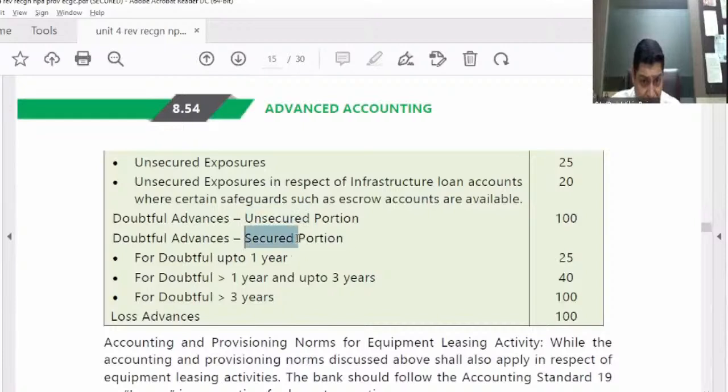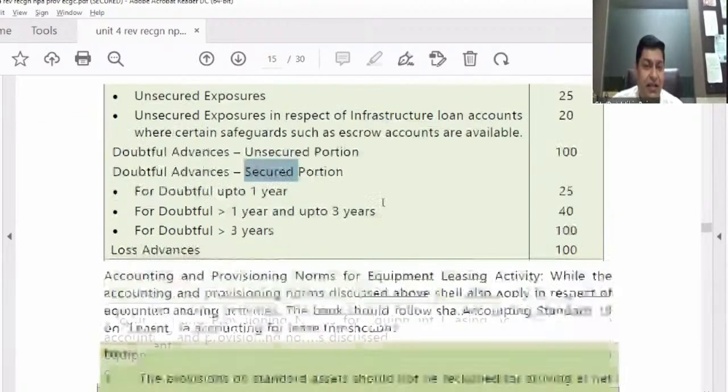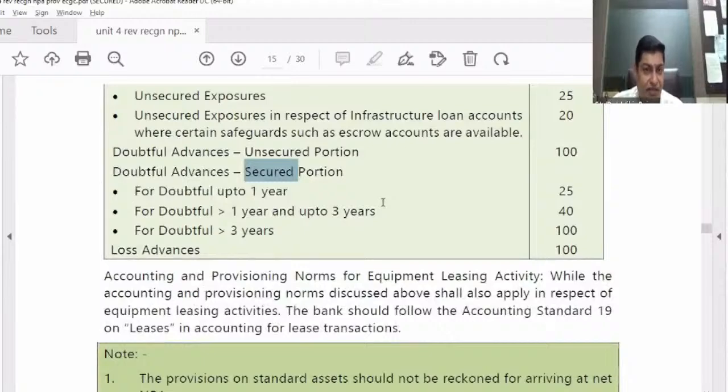If it is doubtful, secured, then D1, D2, D3: for the first year it is 25%, 1 to 3 years 40%, more than 3 years 100%, and loss is always 100%. And if nothing is specified, whether it is substandard, doubtful or loss, we should assume that it is secured.